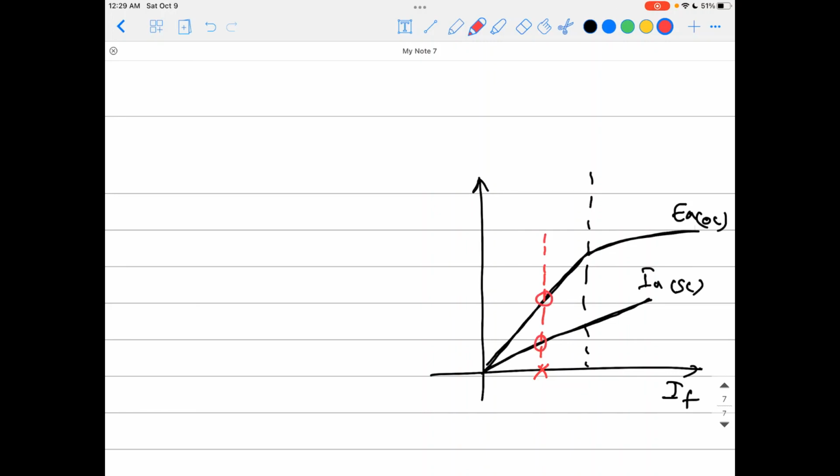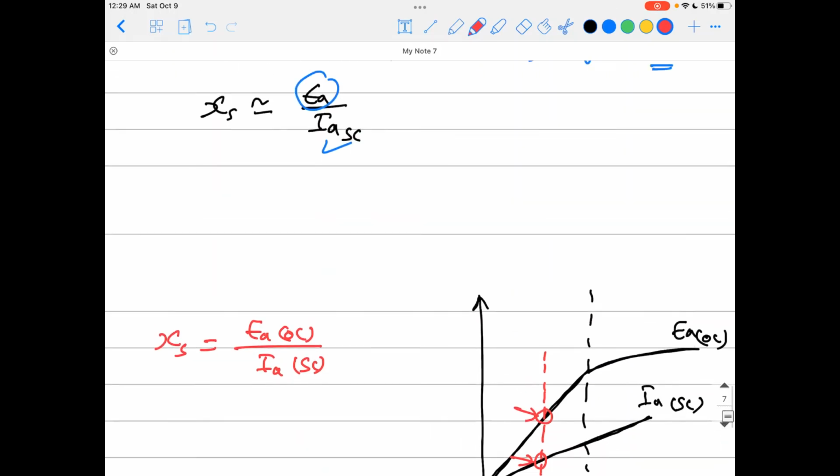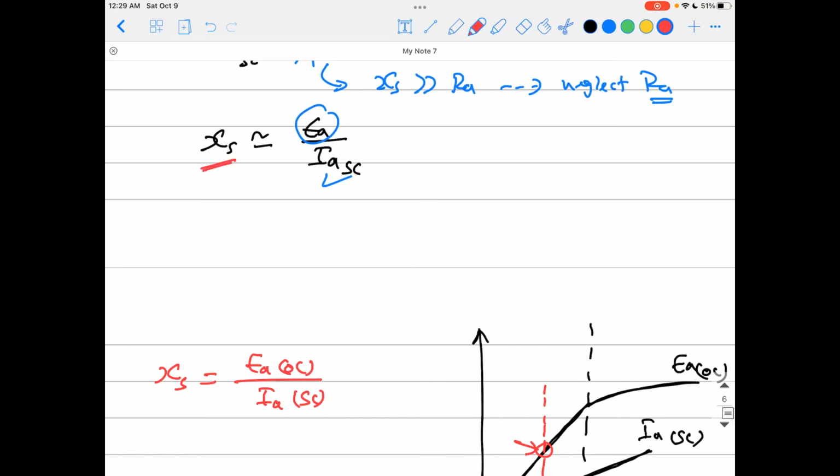It will give you two values, EA open circuit from this curve and IA short circuit from this curve, and that's how you find XS: EA open circuit divided by IA short circuit, because now we are dealing with the same amount of field current. That is the whole point of this. To find XS, you just need to divide EA by IA short circuit. But you don't know how much EA is now moving inside the machine.